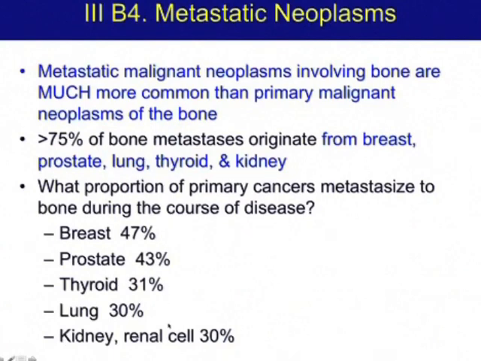And the tumors that are most likely to metastasize to the bone, the mnemonic I've used is lead kettle. PB for lead, and then KTL. So prostate, breast, kidney, thyroid, and lung are the tumors that are most likely to spread.